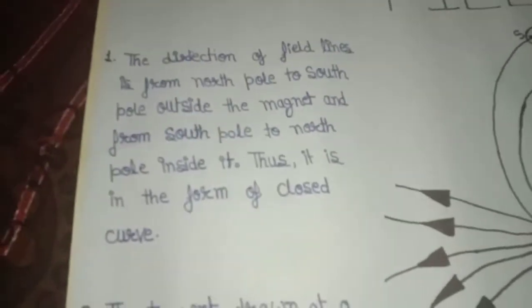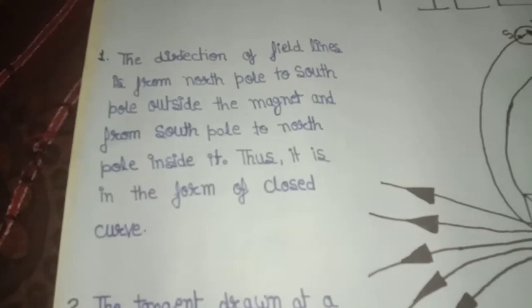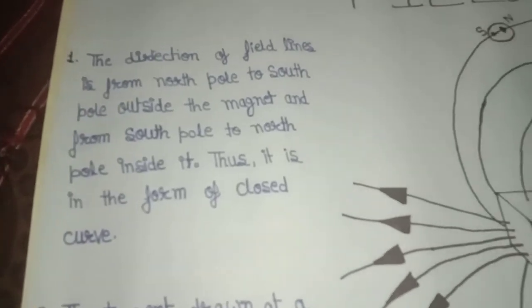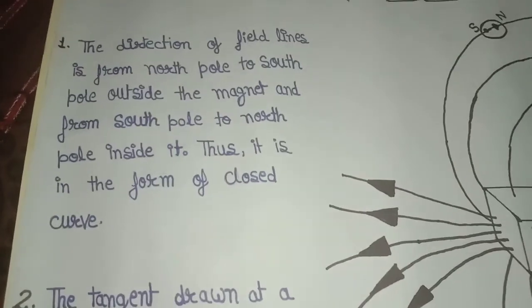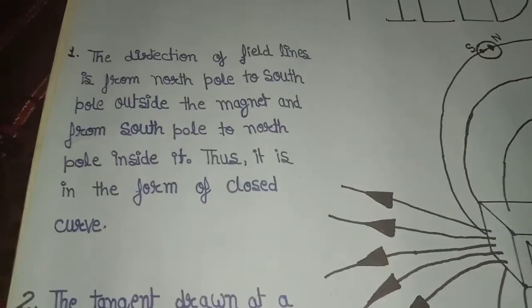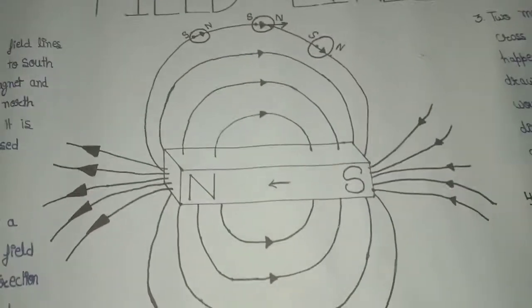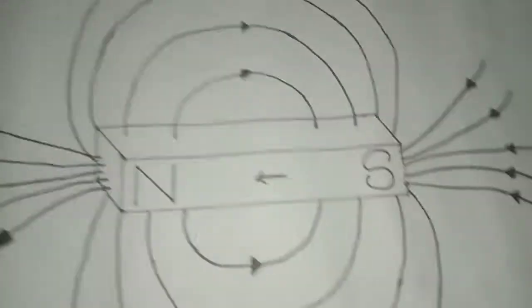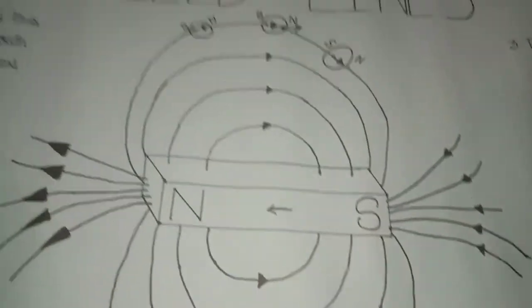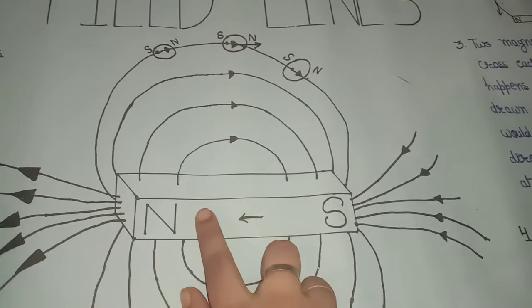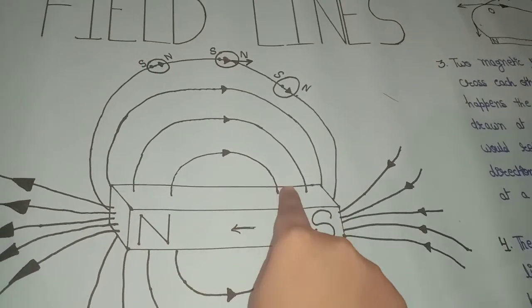the direction of magnetic field line is from north pole to south pole outside the magnet and from south pole to north pole inside it. Thus, it is in the form of a closed curve. This means we can see in this diagram that magnetic field lines are emerging from north pole to the south pole.